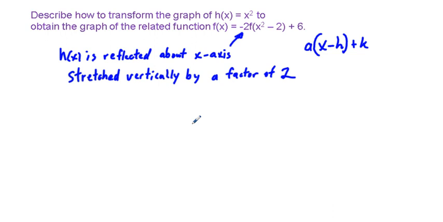Okay? Next, this minus 2 is going to do what? X plus is to the left and x minus to the right. It'll be translated two units to the right.